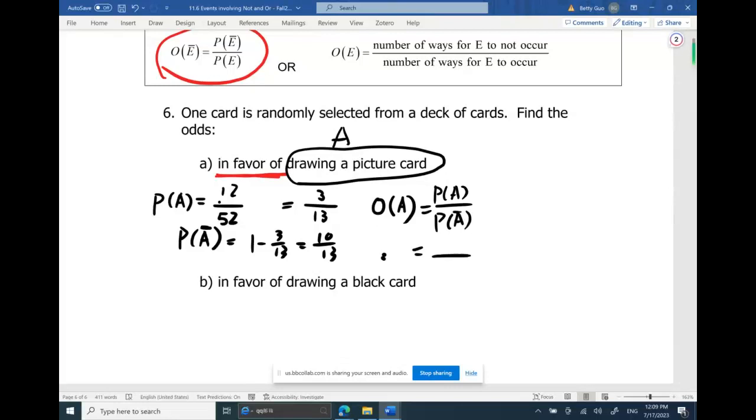So numerator P of A is 3 over 13. Denominator P of A bar is 10 over 13. So the ratio is 3 to 10.